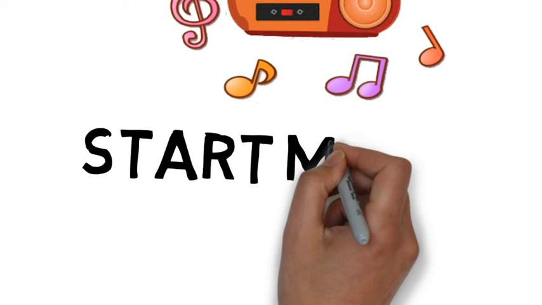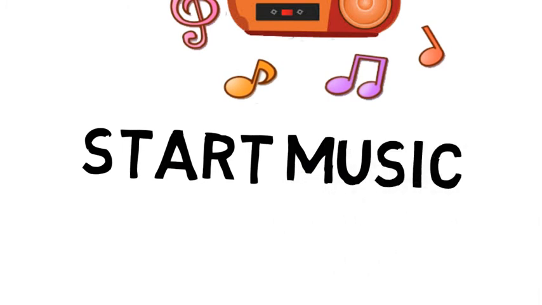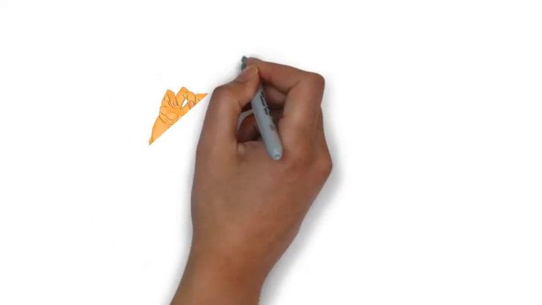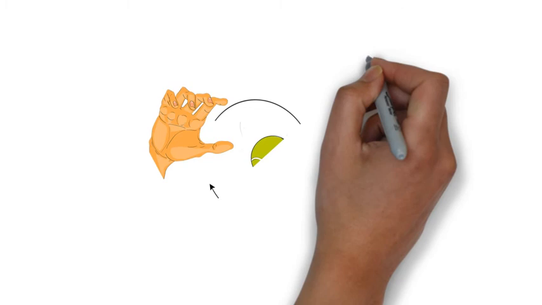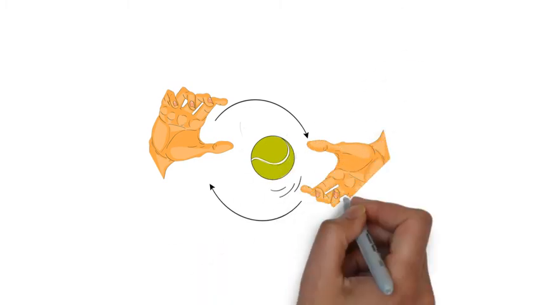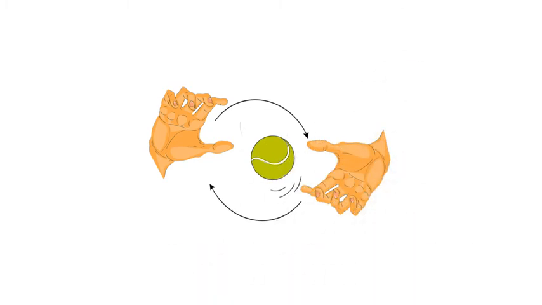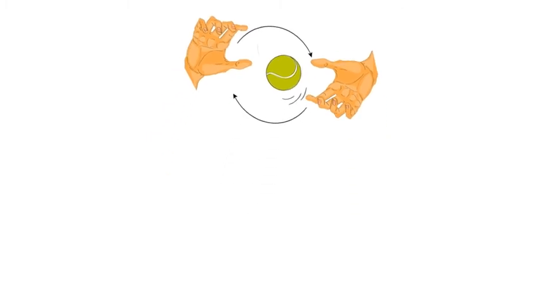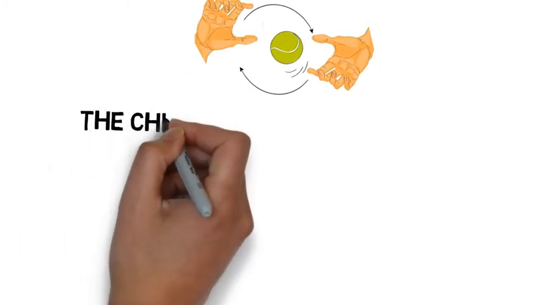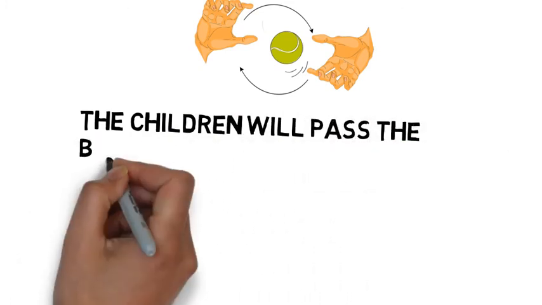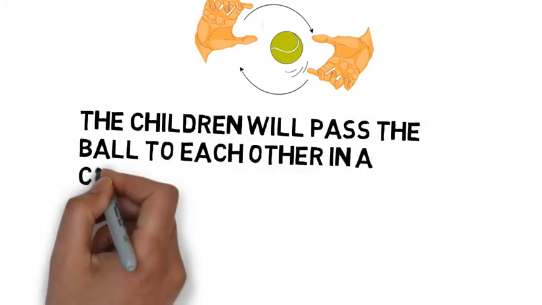Once the ball starts moving, and as soon as the music stops, the person who has the ball in his hand will use an adjective and then add ly to make an adverb. If he is able to do that, then he can stay in the game.